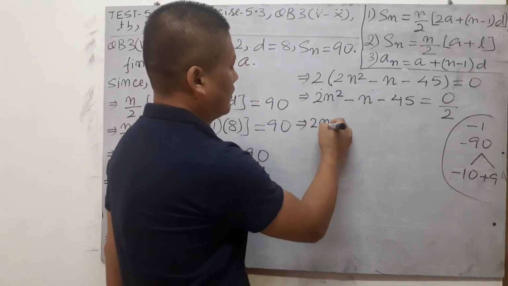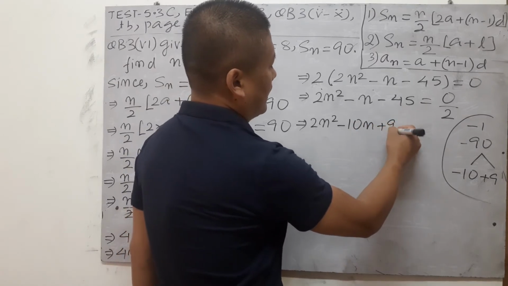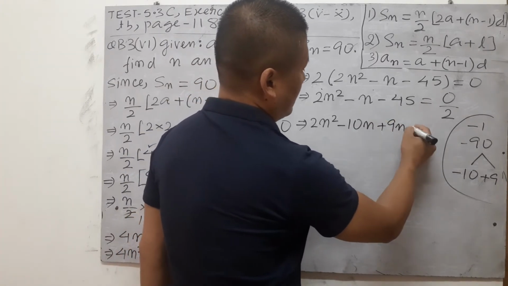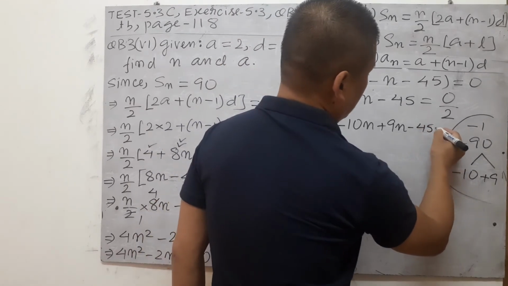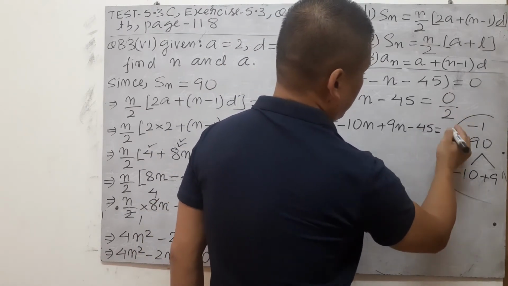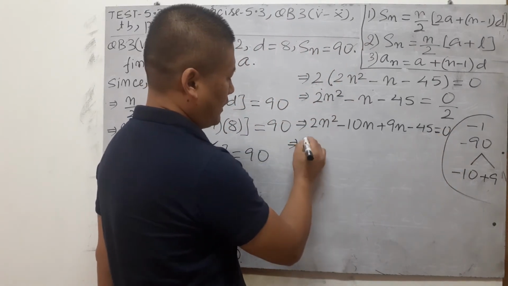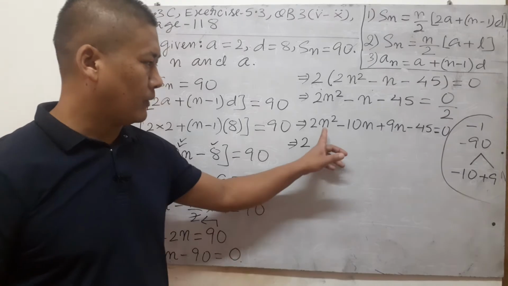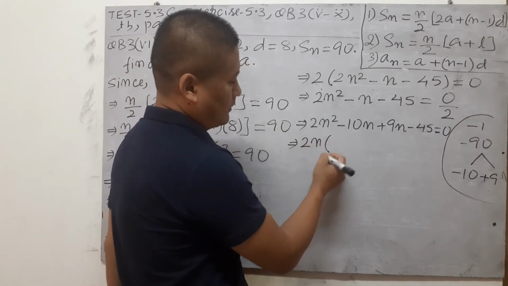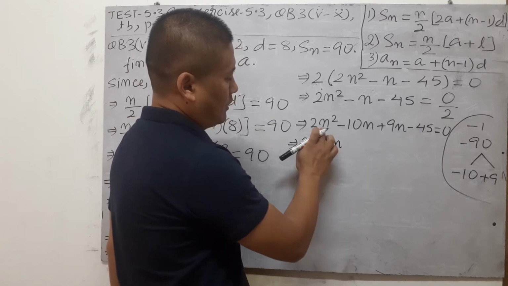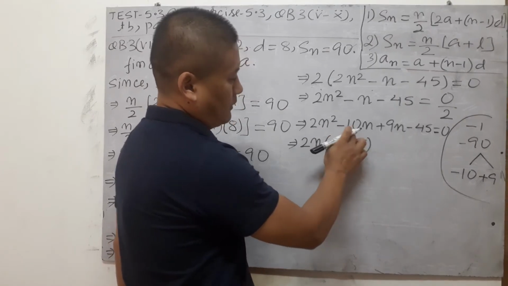So 2n squared minus 10n plus 9n minus 45 is equal to 0. Take these two terms, and the highest common factor is 2n. n squared and n, n is the highest common factor, so 2n into n, 2n squared, minus 2n into 5, 10n.